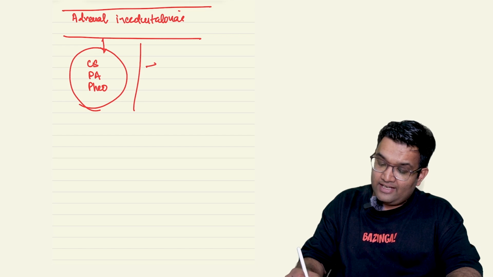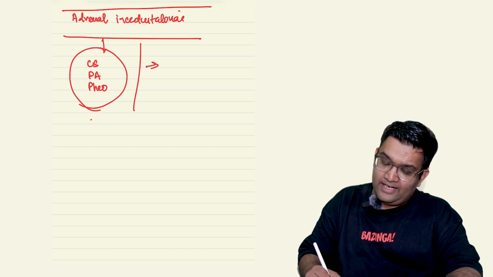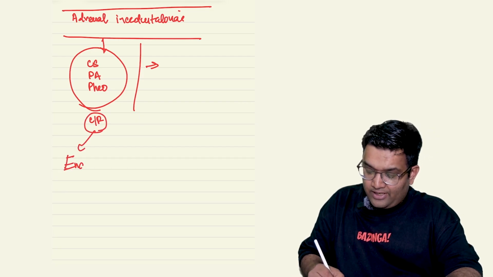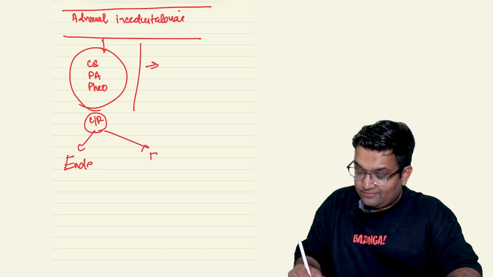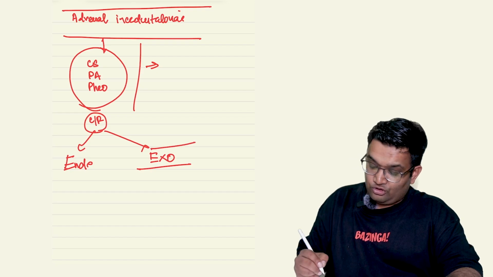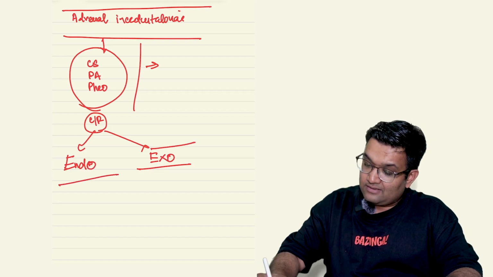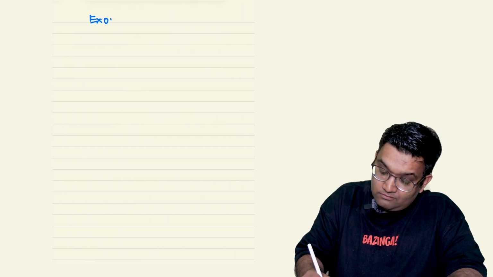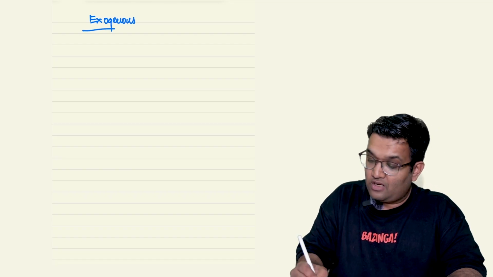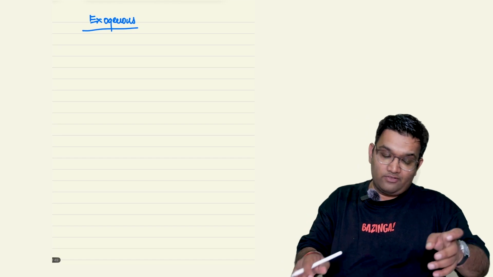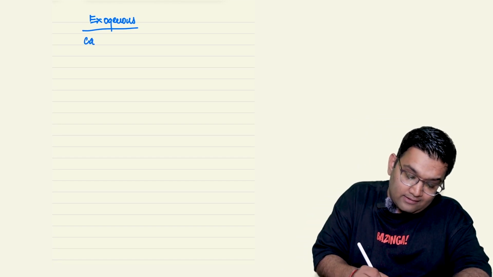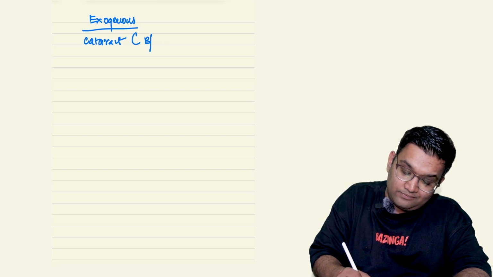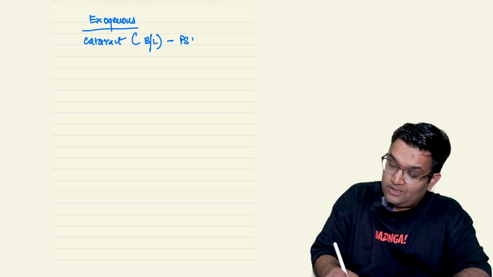Then after this, what are the clinical signs that are more common in exogenous as compared to endogenous? In exogenous, the patients are going to have more of cataract, which is going to be bilateral, posterior subcapsular.